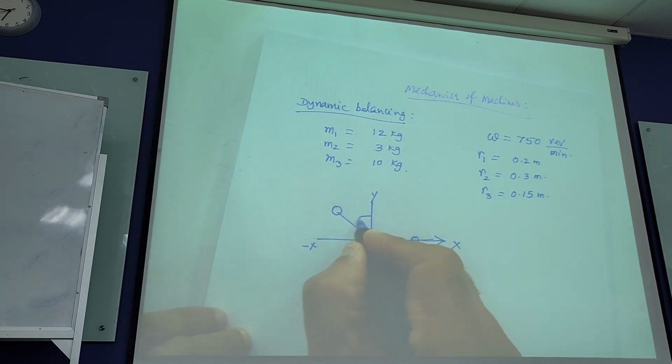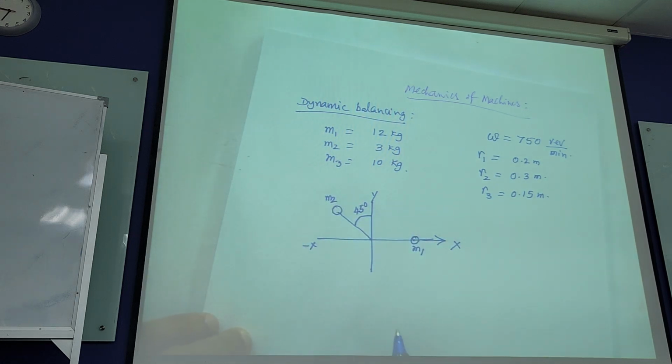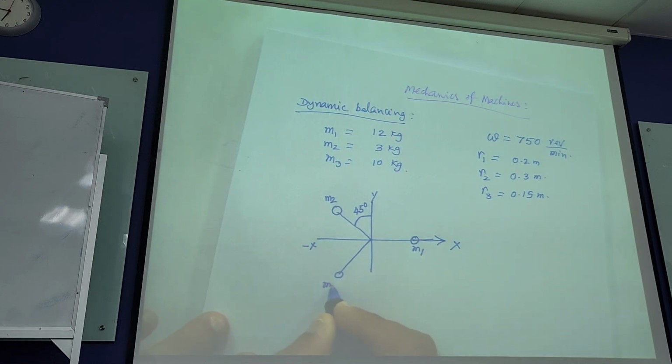So this angle is 45 degrees. Okay, M3 is located here. So this angle is given 150 degrees.